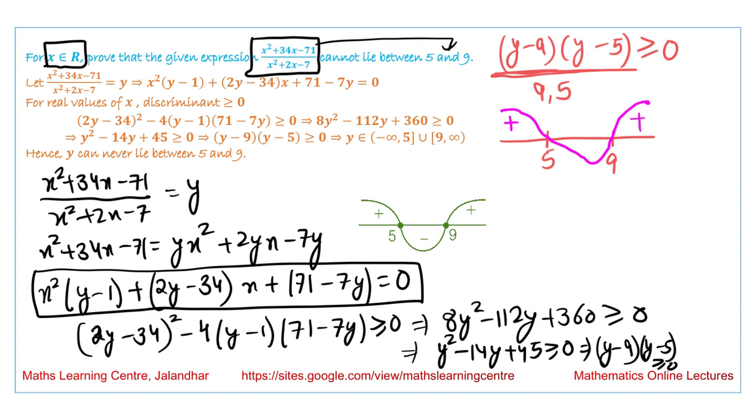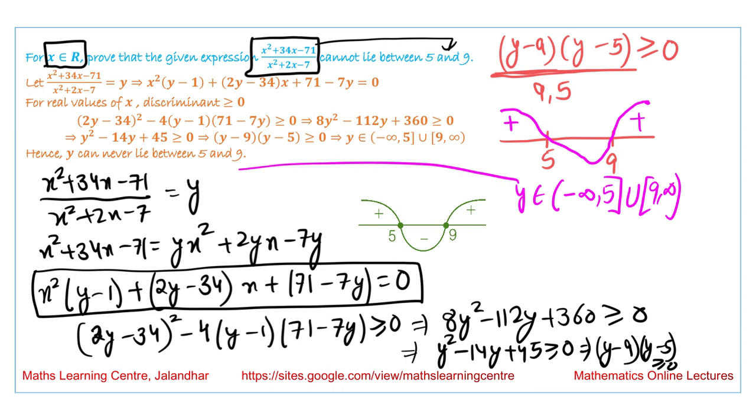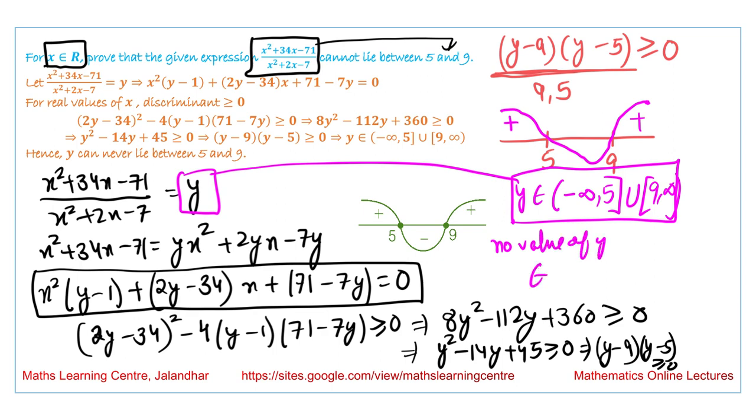The solution is y belongs to the interval minus infinity to 5, closed at 5, union 9 to infinity. Y is the value of this expression, and it should lie in these two regions for the real roots to exist. So there is no value of y that belongs to 5 to 9, that lies between 5 and 9.